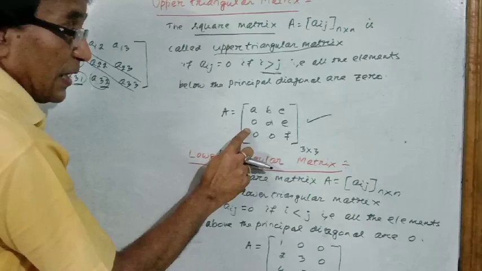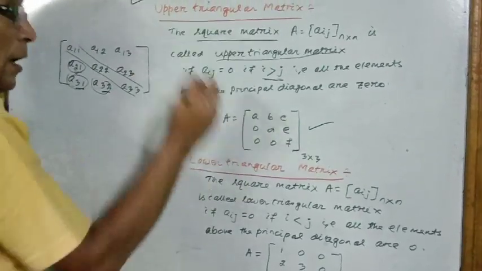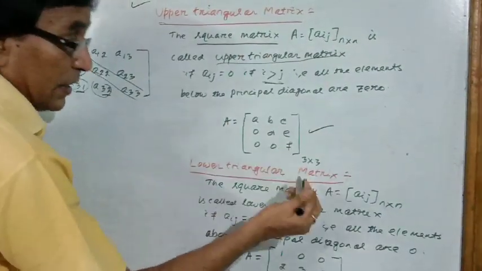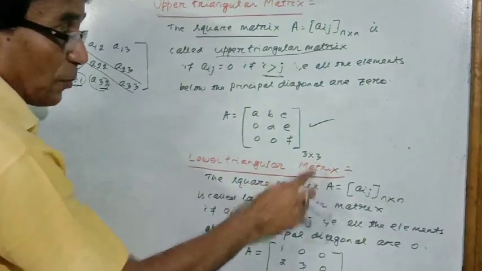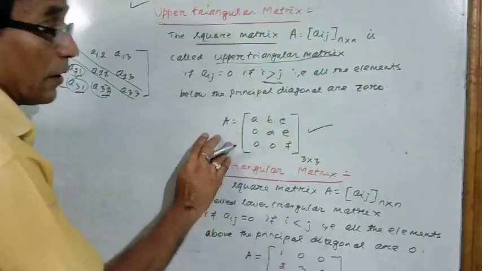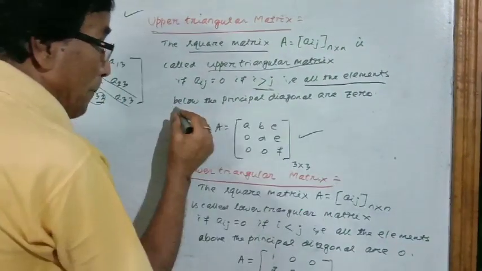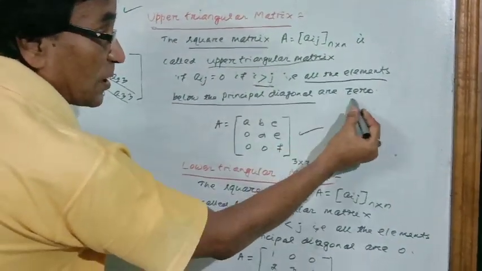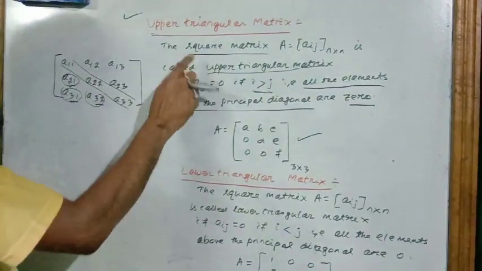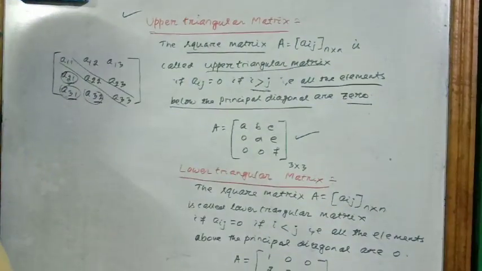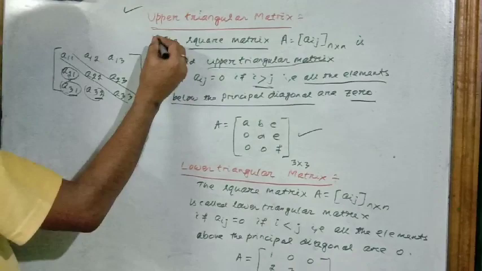If those elements are 0, then it is called an upper triangular matrix. It is an upper triangular matrix of 3 cross 3 order. So that's why I have written all the elements below the principal diagonal must be 0. Then only that square matrix is called an upper triangular matrix. So it is the definition of that.